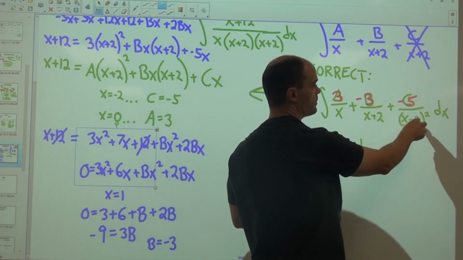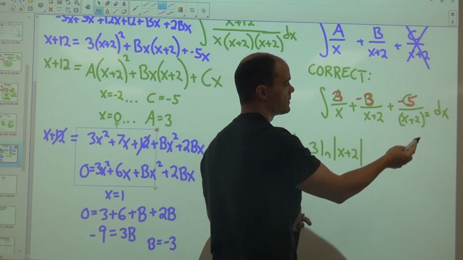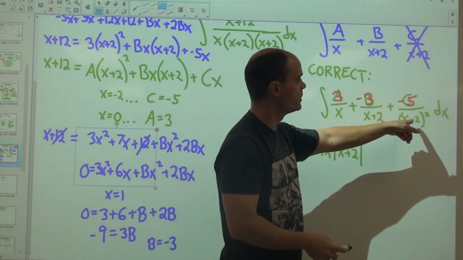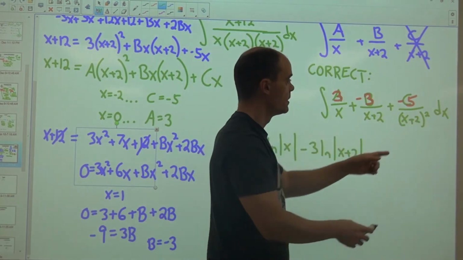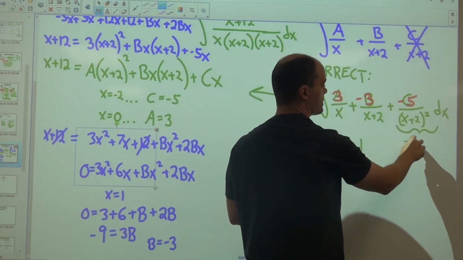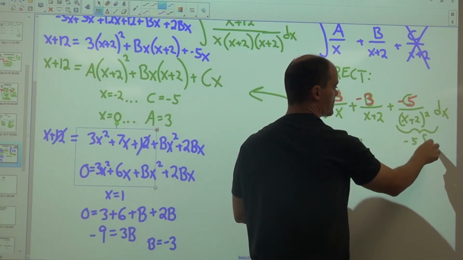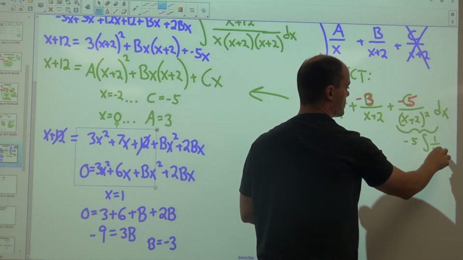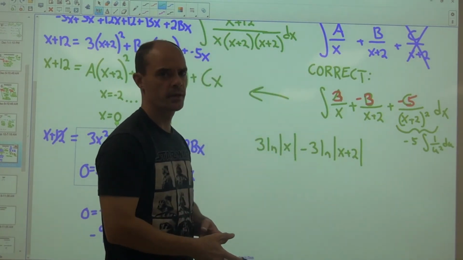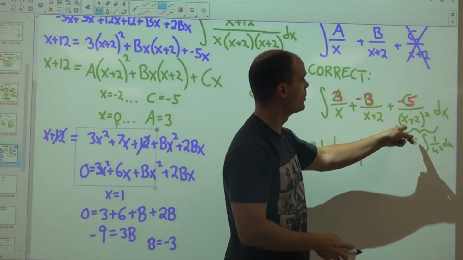I would let u equal this. The negative 5 would tag along for the ride. And what I end up with is 1 over u squared. So this piece right here is the same thing as this. And there'd be no chain rule to that because du would just be 1.